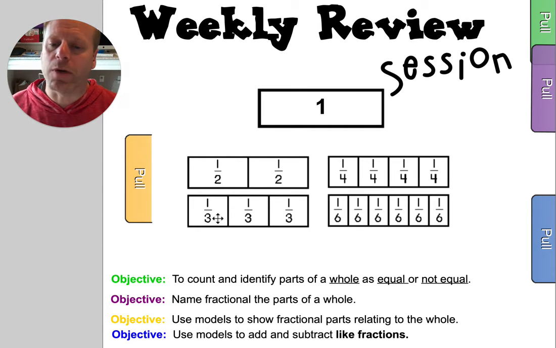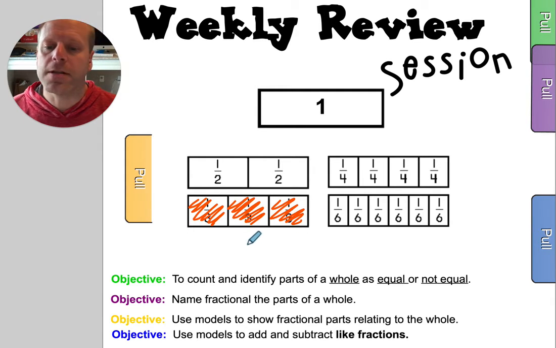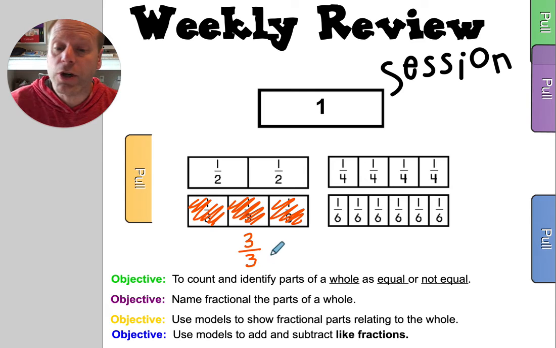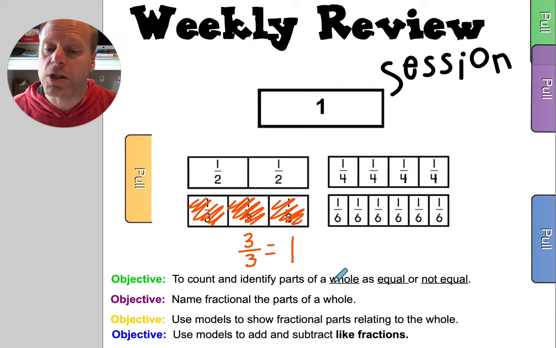Let me show you what that would look like. So if I put 3/3 together, this whole thing, 1/3, 2/3, 3/3, it would look like this. 3 out of 3. I have the whole thing. And then you could, if you wanted, just call it one whole, right?